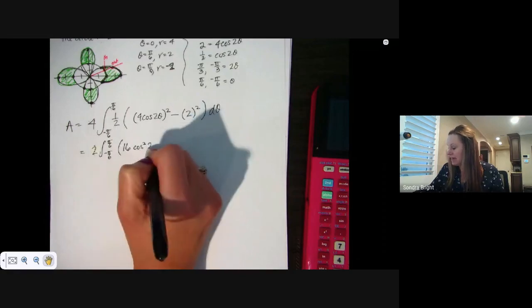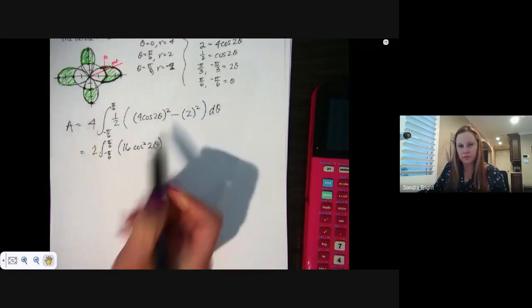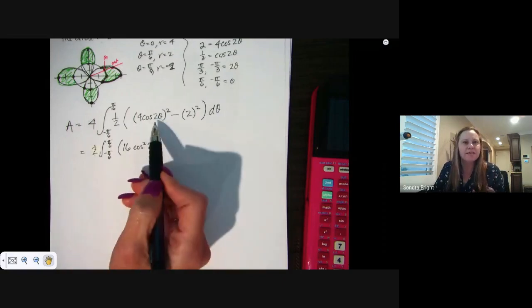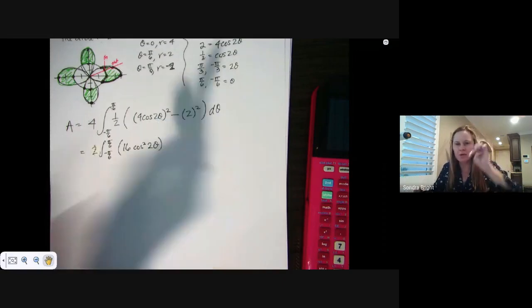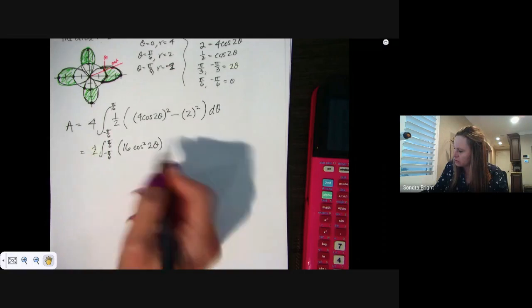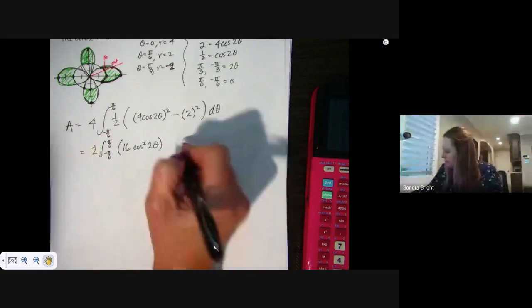Don't square the 2 theta also. It's like if you're taking cosine of 45 degrees and you square it, you don't square the angle. You're finding cosine of 45 degrees first, radical 2 over 2, and then you're squaring it. So you don't square the angle, just the cosine. Then minus 4, d theta.